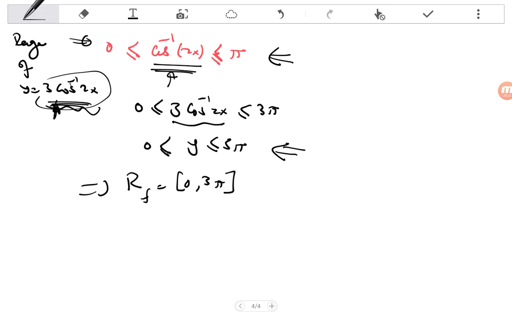Okay? So that is another way to find the range of a given function. From knowing the properties of a known function, you may find the range of some other modified form of it.